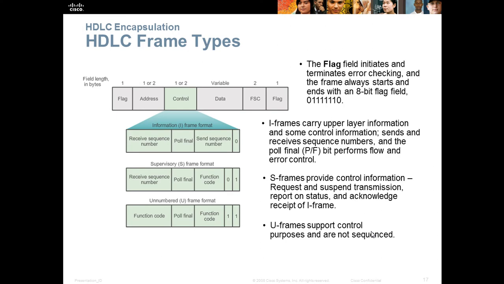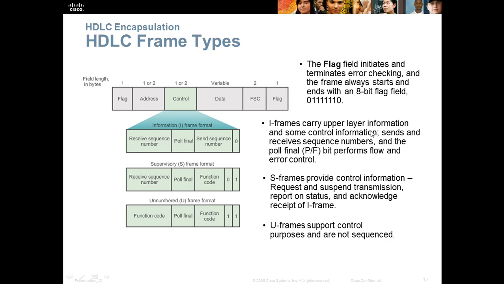HDLC frame types. There are different fields in an HDLC frame. The flag field initiates and terminates the error checking, and the frame always starts and ends with an 8-bit flag field: 0, 1, 1, 1, 1, 1, 1, 0.